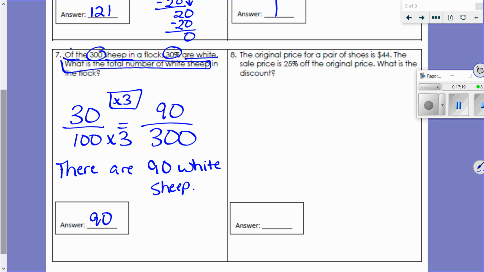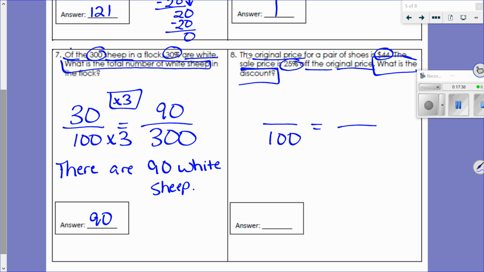Number 8, the original price for a pair of shoes is $44. The sales price is 25% off the original price. What is the discount? So you have to set up your problem. What goes over my 100? Always the percent.